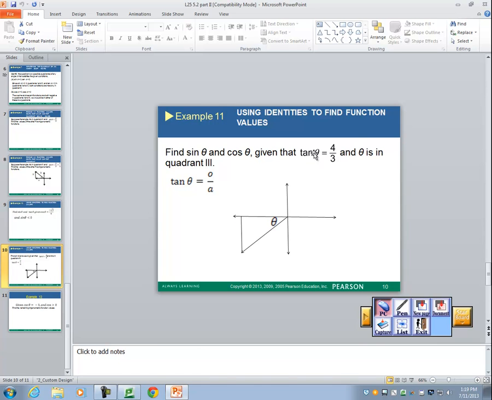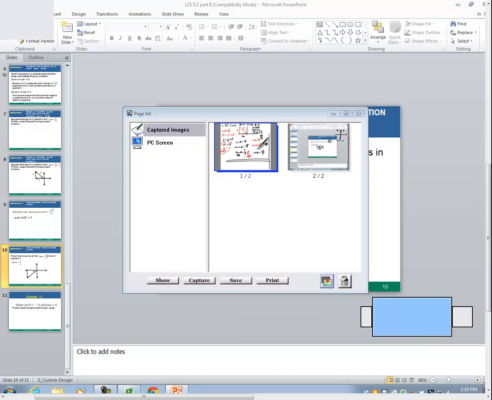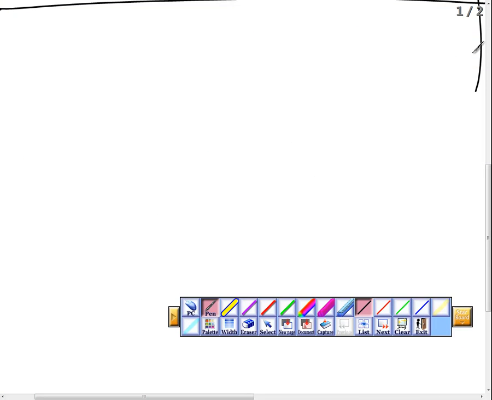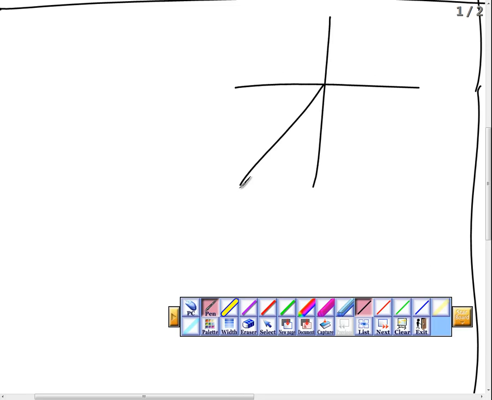And since we want tangent, we have to look at the ratio: tangent theta is opposite over adjacent. All right? So this is what we've got so far. We've got our coordinate plane, operating in quadrant 3.